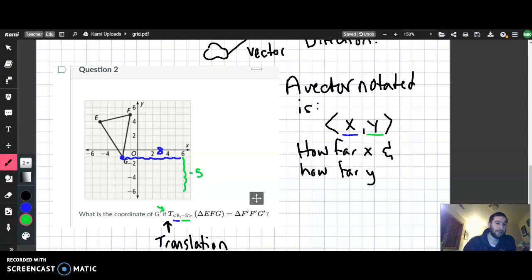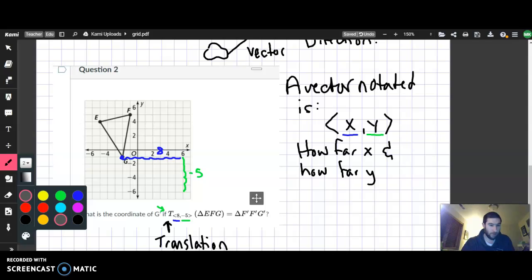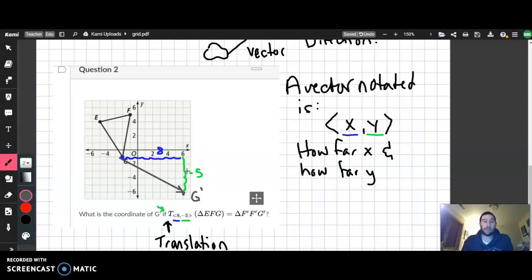And ladies and gentlemen, the arrow I draw to match that will go from G to our new spot, which will be G prime. And that G prime is the end of our vector, which also means it's the end of our translation. It's where we go for our shape.